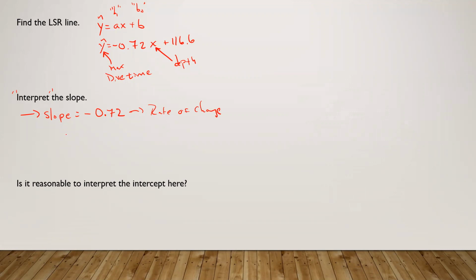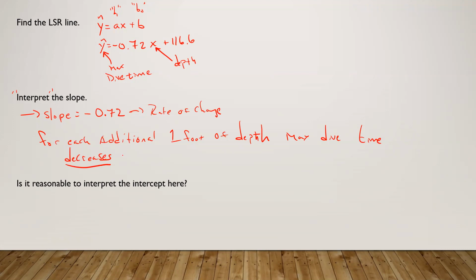So putting this in terms of the problem, for each additional 1 foot of depth, max dive time decreases. The decreases tells me it's negative 0.72 minutes. That's what the slope is telling us. It's telling us the rate of change. So if you want to go 1 additional foot down, you lose 0.72 minutes. That's what this is saying.